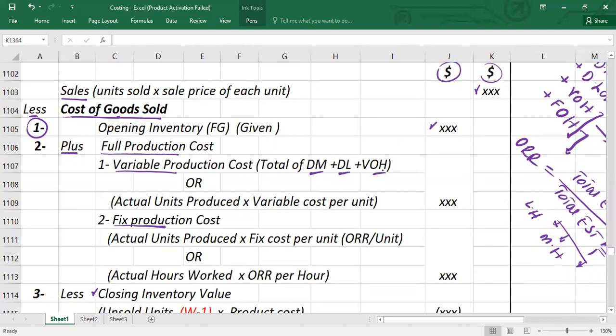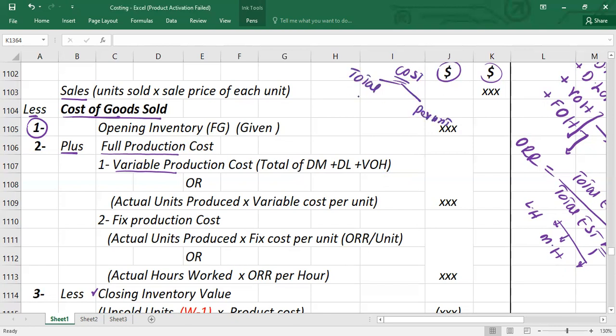Now the point is how to write the variable cost into the product first. So guys, there are two scenarios. Maybe when you tackle the question, the examiner might give you these costs in terms of total cost, or in terms of per unit.